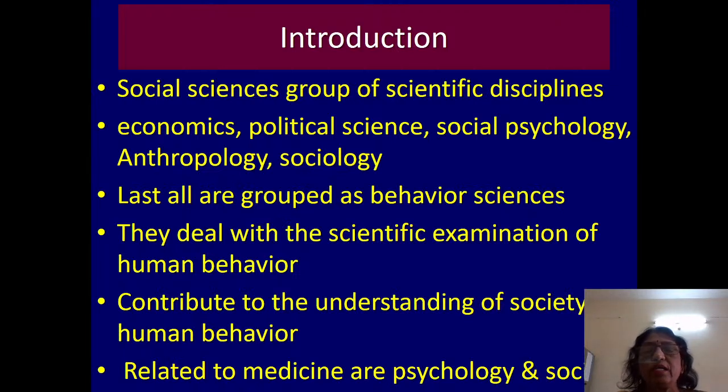So we have to understand the society and its behavior if we want to control any disease or any epidemic. You may not be knowing what epidemic means. I will use very simple language till you all come to know the public health jargon. So understanding human behavior in health, illness, sickness, etc., contributes to the understanding of society and human behavior, which is very much related to medicine.